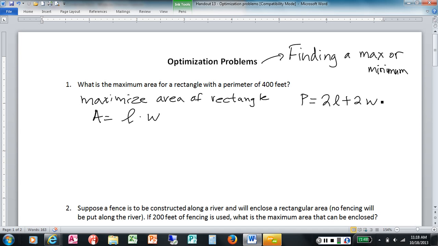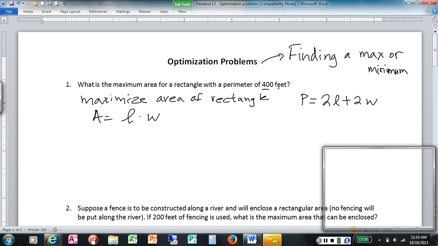Now, one thing we can see here is I have area equals length times width, which of course is in two variables, and if we can get it to one variable, that would be much to our advantage, and that's where the perimeter, usually a second equation, comes in. If you've got two variables, usually you can eliminate one of the variables using that second equation. Here's what I know.